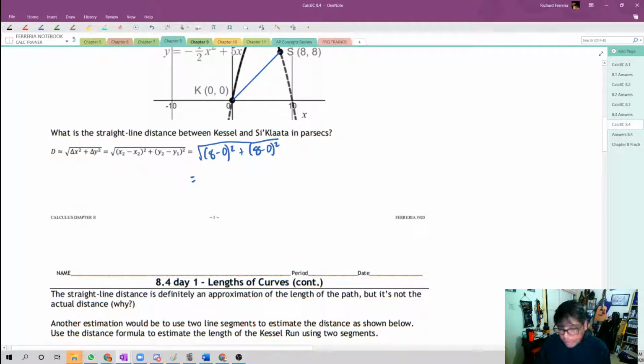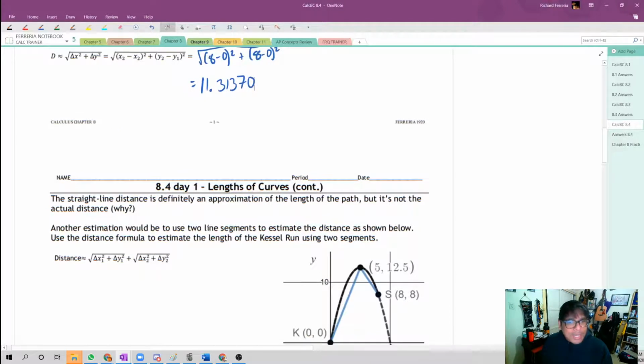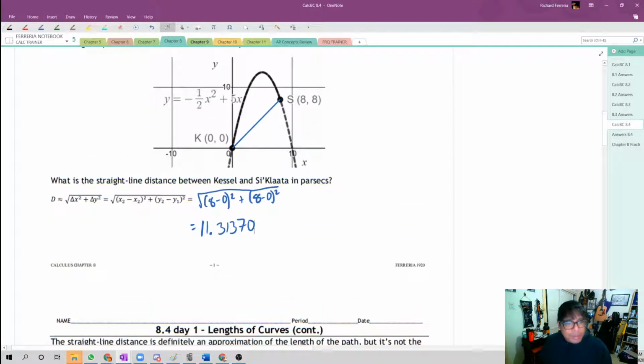Let's go ahead and calculate that. That's 11.3137. Now, this is actually not the path, so that's not that great of an approximation. We can already tell that that's a lot shorter than it needs to be. The true distance is going to be longer than 11.313. But that's okay. This is just a start.